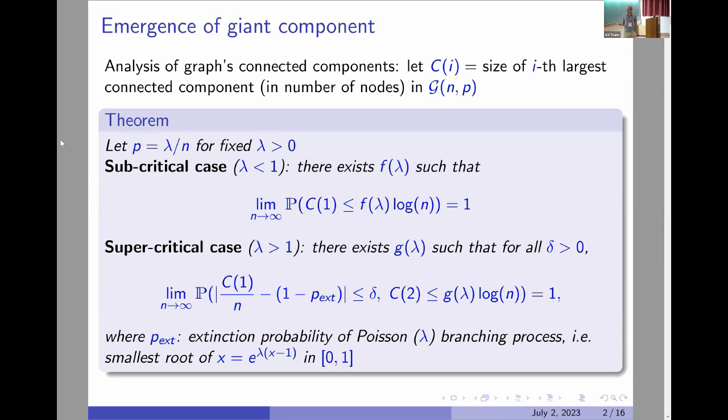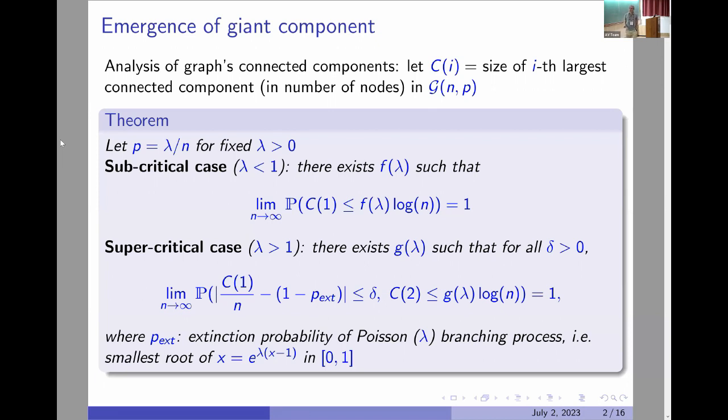And this constant is 1 minus p_x, where p_x is the extinction probability of a process that is extremely well studied, which is the Galton-Watson branching process. That's the extinction probability of the Galton-Watson branching process, where the offspring distribution of each individual is Poisson with parameter lambda.